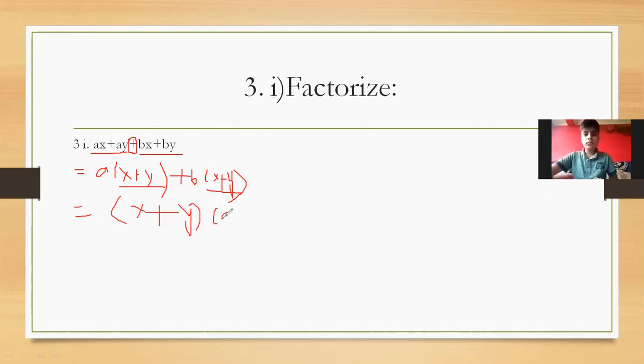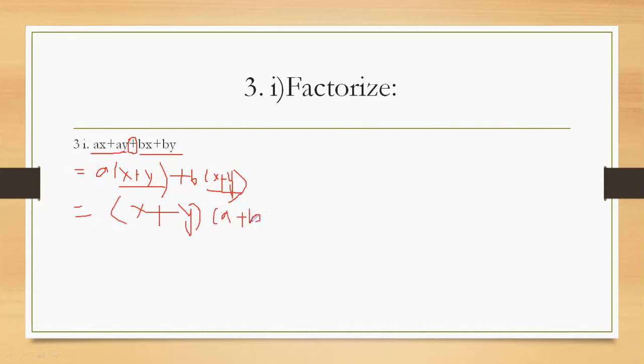What is remaining? a plus b is remaining, and that should be kept in another bracket. Like this, we will get two factors. Have you understood? Simran?